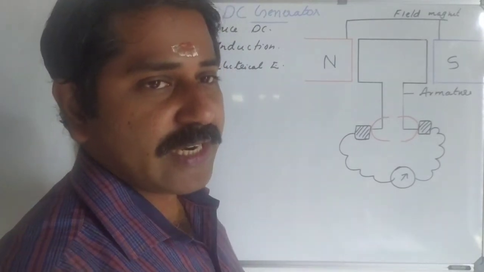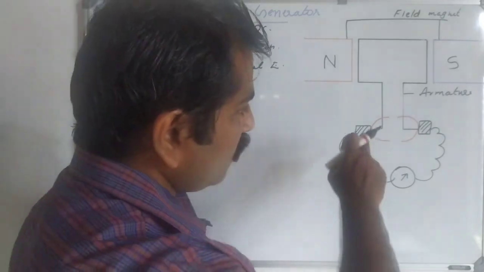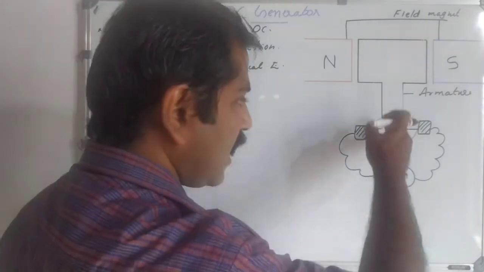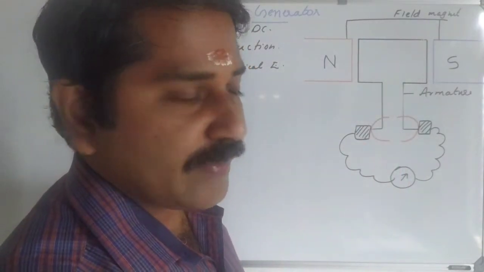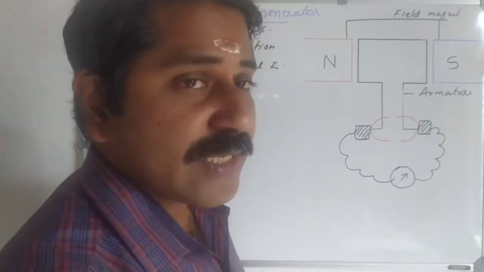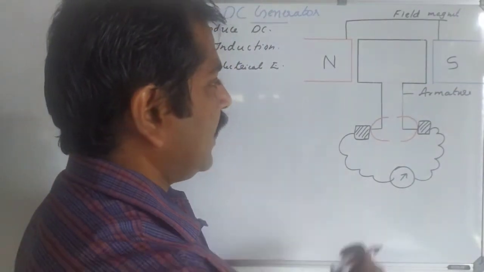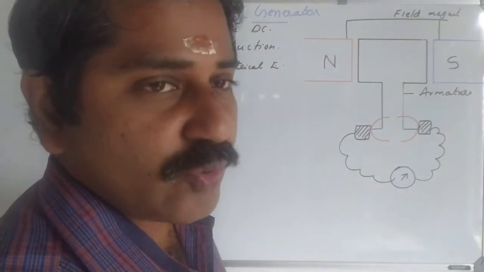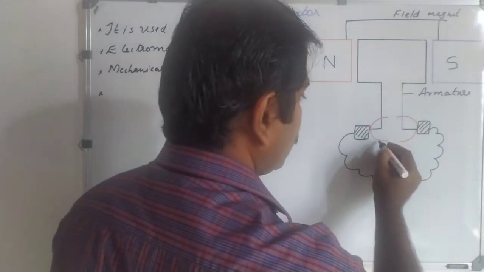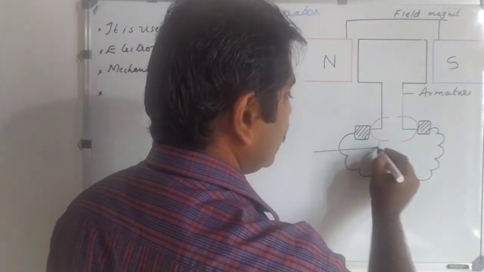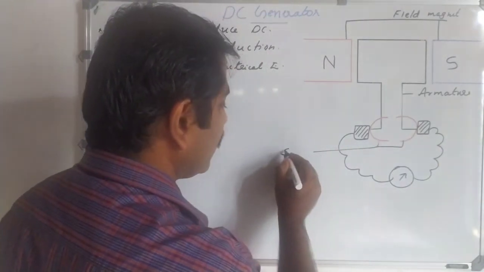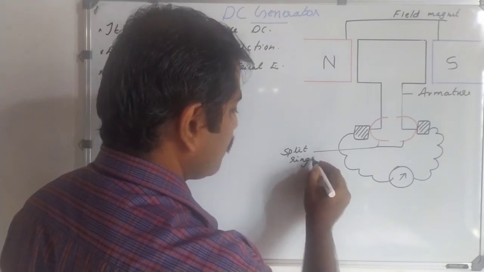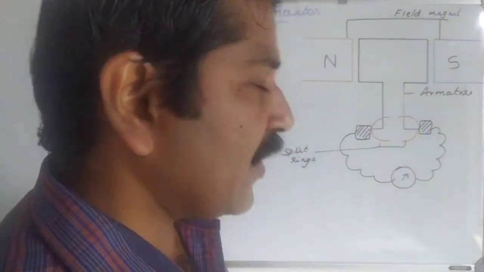On the other hand, in this diagram these are not full rings, they are half rings, and these half rings are known as split rings. The two ends of the conductor are connected to these two half rings.